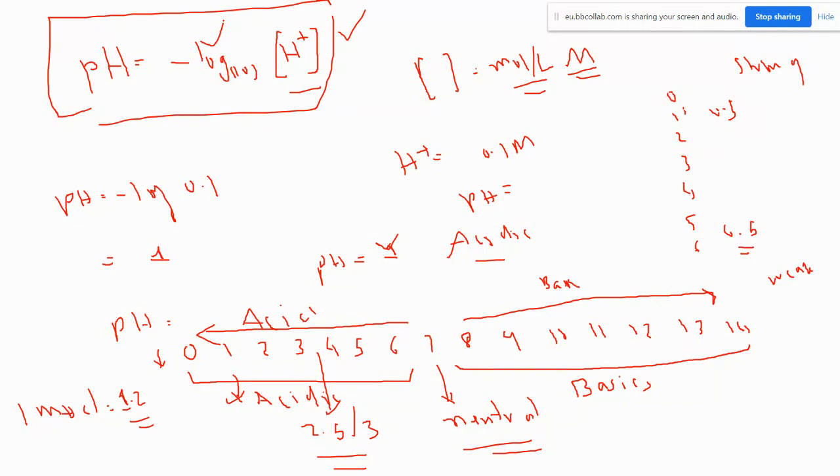It could be 0.1, but it's difficult to make it exactly 0. It may be 0.001, very small, but not exactly 0. It's a little bit more than 0, less than 1, even less than 0.1. So we have this range. Why do we have this range? Because of the water. Okay, you don't want to discuss it anymore.